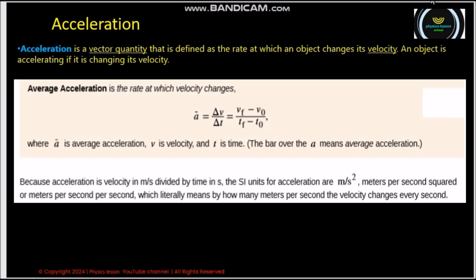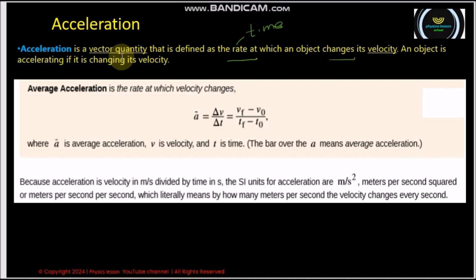Let's define what acceleration is. Acceleration is a vector physical quantity defined as the rate at which an object changes its velocity. The rate here means the time over which an object changes its velocity.